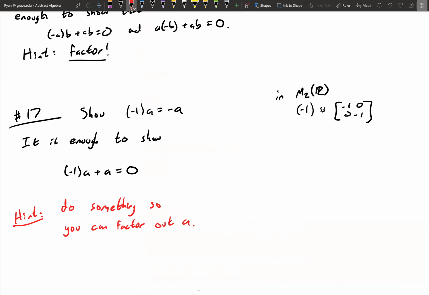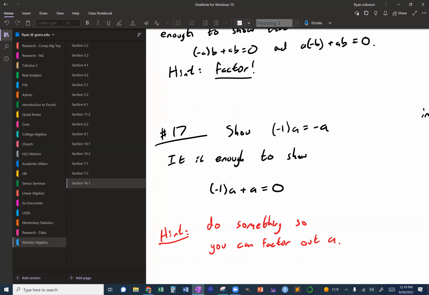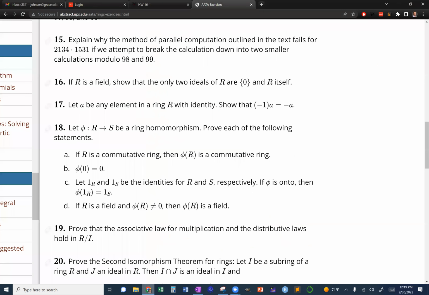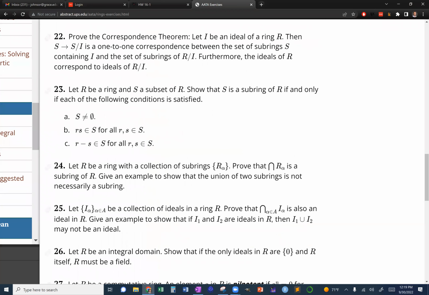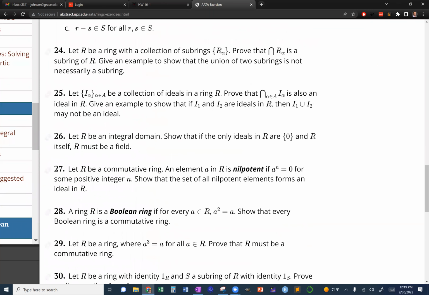Okay, and then let's look at 27. Let R be a commutative ring, and an element A in R is nilpotent if A to the power of n equals 0 for some positive integer. Instead of ideal, we'll do subring, so show that it's a subring.